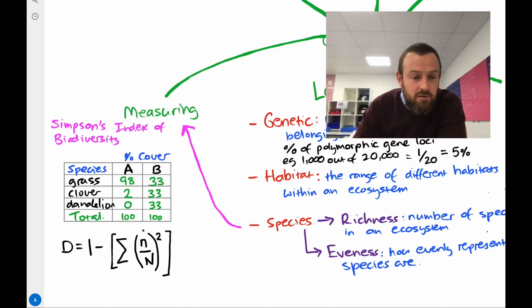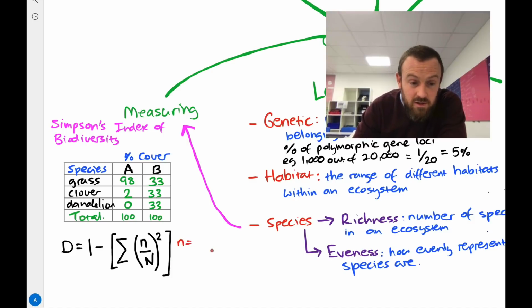So n for percentage cover is just, let's say, 98. It's the percentage cover of one species. And big N is the total percentage cover, which is going to be 100 in this case. If you're looking at animals, so let's actually just label this here as well, because I think this is important.